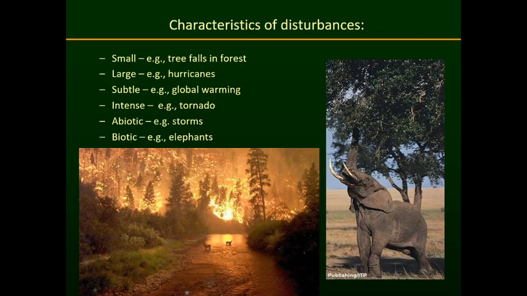All right. First of all, let's look at different types of disturbances that are out there, in terms of different dimensions of them. Disturbances can be really small, like a tree that gets knocked down by a storm in a forest. Just a single tree goes down, and now you've got light coming through the canopy and reaching the understory, and you've got a place for younger trees to grow. So that would be an example of a small disturbance.